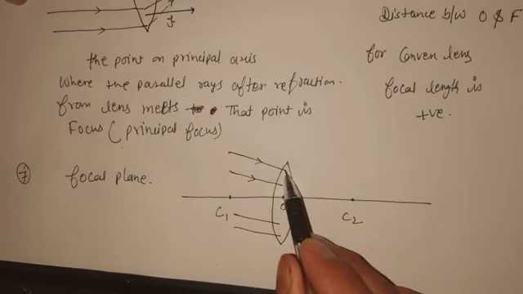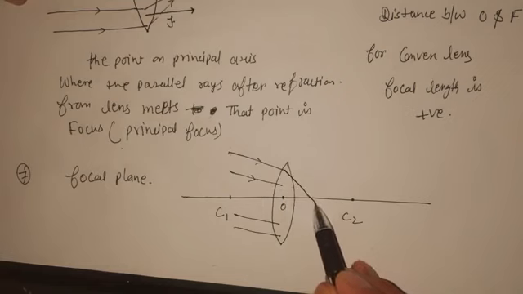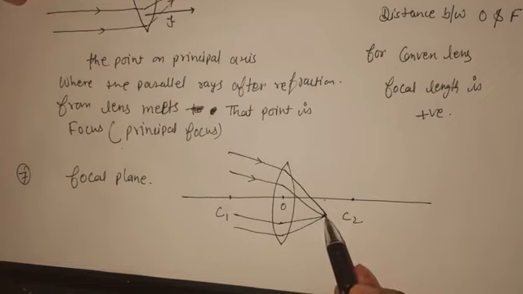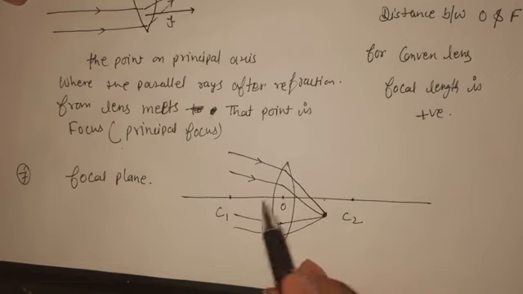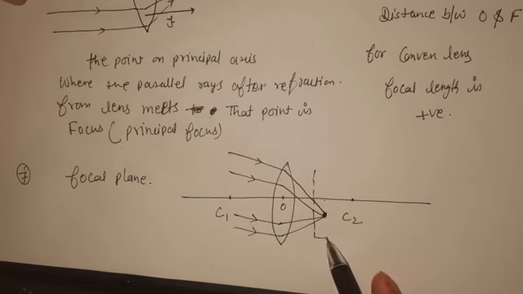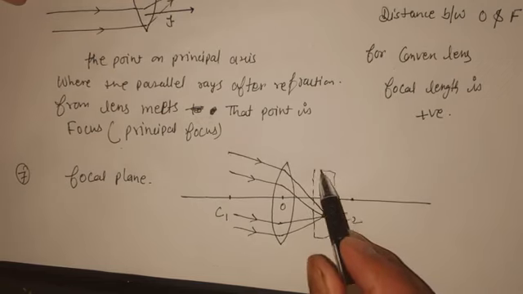So how many technical terms have we discussed here? First, the optical center which we have discussed. Second, the center of curvature. And the third point which we have discussed is focus and focal length.